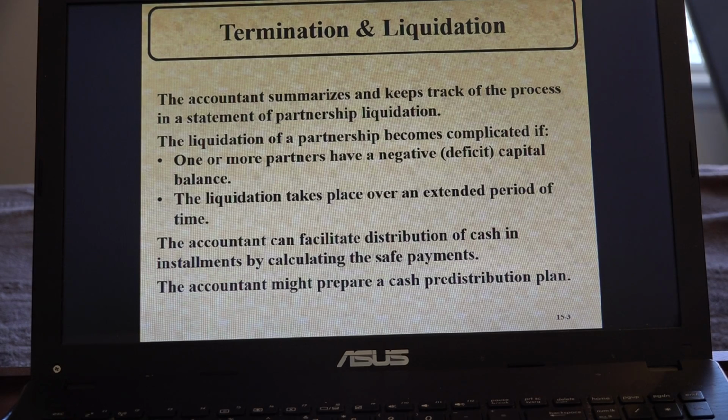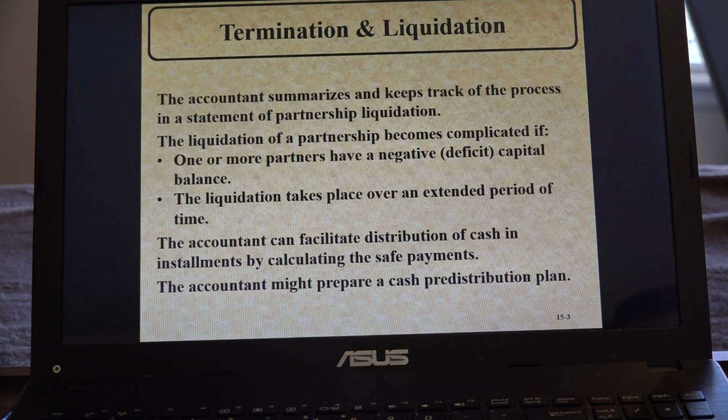Now, usually this is pretty academic if you have plenty of money to go around, but there can be complications. Many times there are negative reasons as to why the partnership is terminating and liquidating.